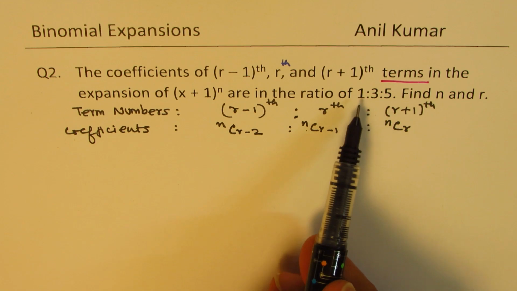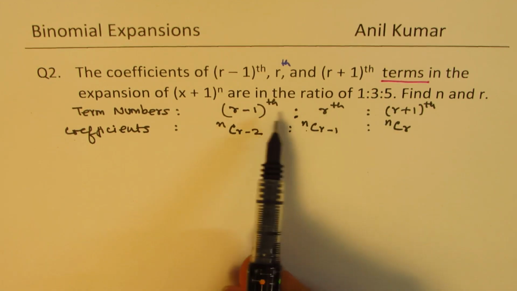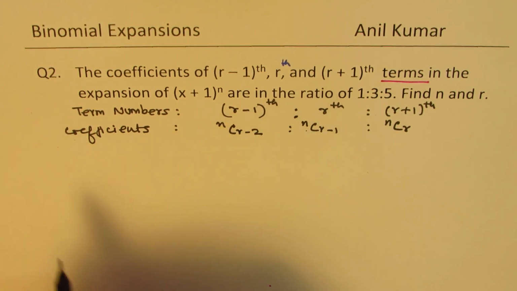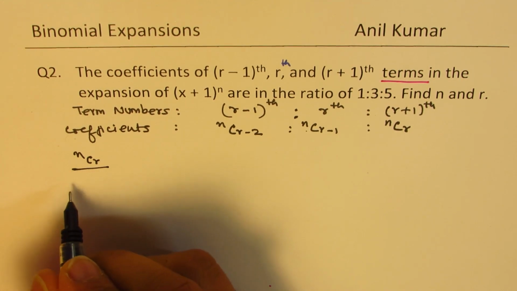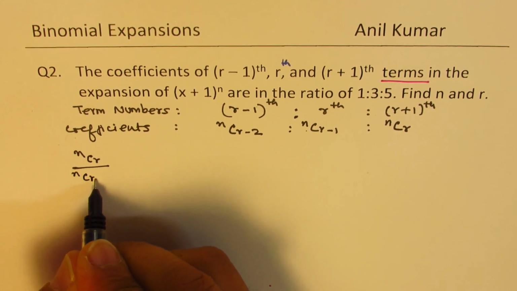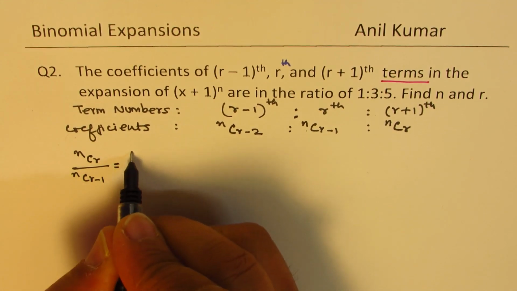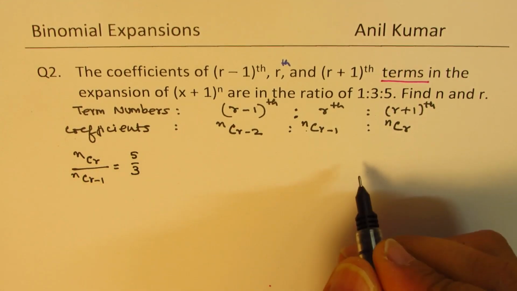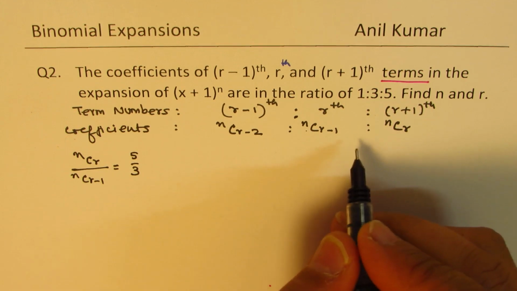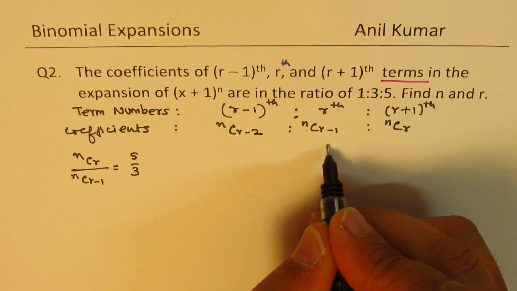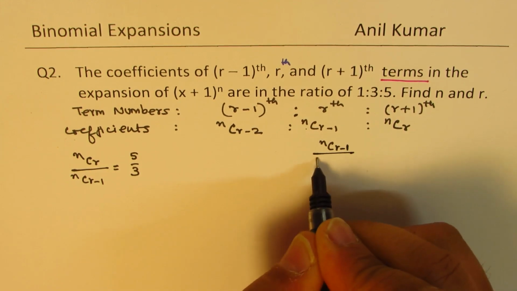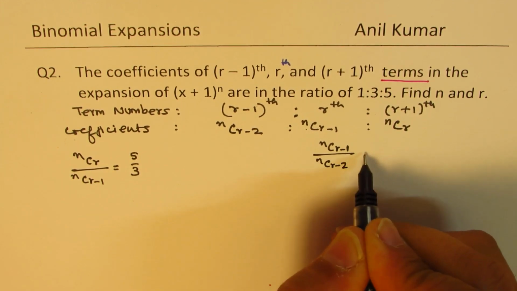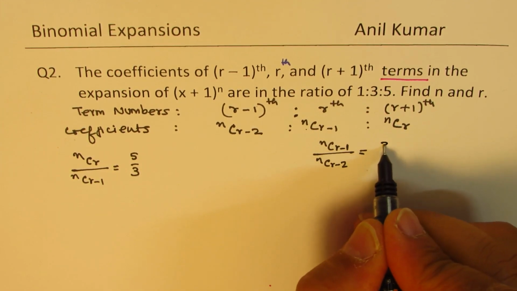Now, we are given the ratio is 1:3:5, so let's use this ratio. So we could write this as, again, two equations, nCr over nCr minus 1 will be 5/3. And on the other side, we can write this as nCr minus 1 over nCr minus 2 is equal to 3/1.